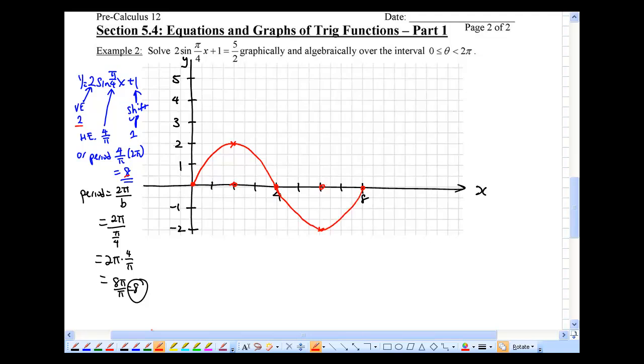By the way, this graph in red is just y equals 2 sine pi over 4x. Remember, we do all the expansions and compressions first. Then I have to shift it up by 1. I'll now use my blue to do that. So 1, 3, 1, -1, 1.